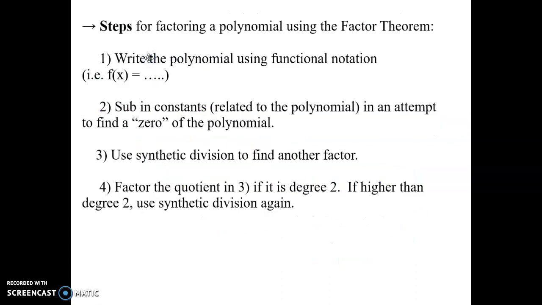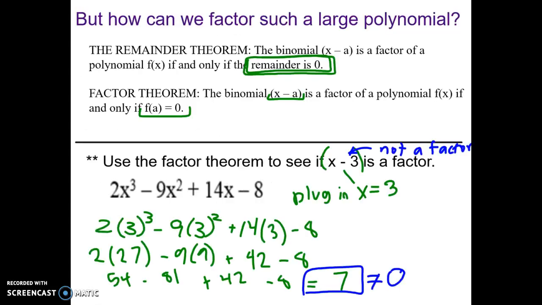So here are the steps to factor a large polynomial. First of all, write out the polynomial. Step 2, you're going to have to find the 0 of the polynomial, and you can do this by subbing it in, like we did at first, where you plug a number in to your equation, so like this.